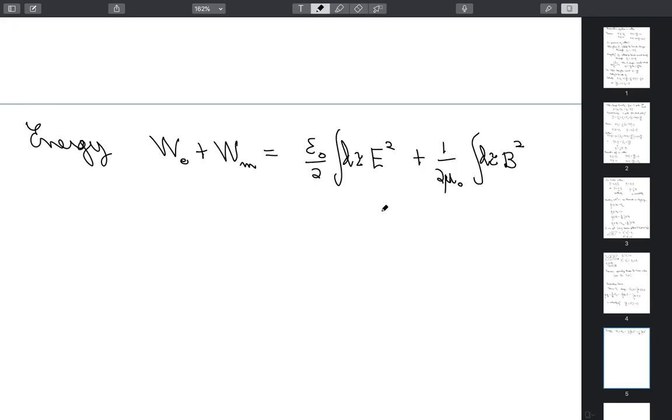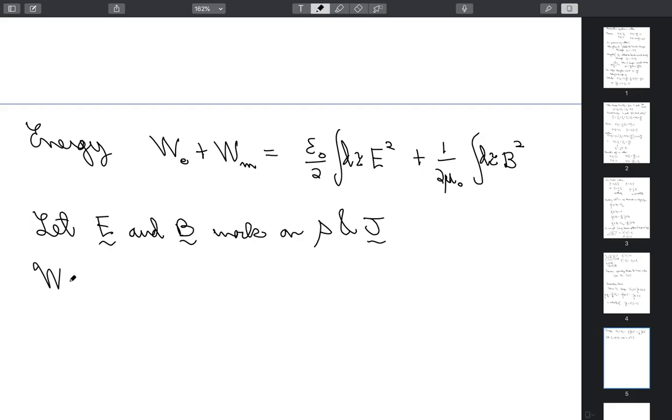Right, now the thing we're going to do is really do a derivation from scratch. How are we going to do this? We're going to assume that there are some fields E and B that work on some charge and current distributions. So let E and B work on charge distribution rho and current distribution J. So what is the work done?